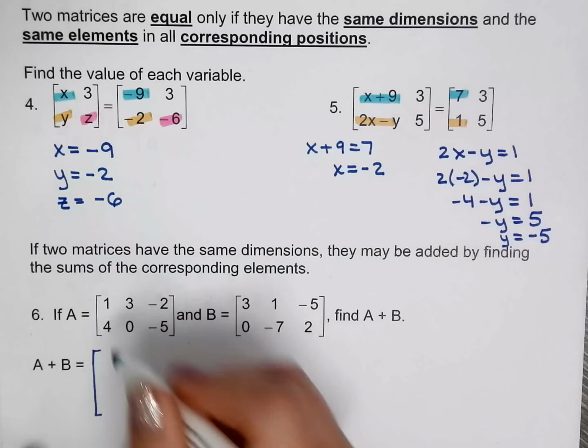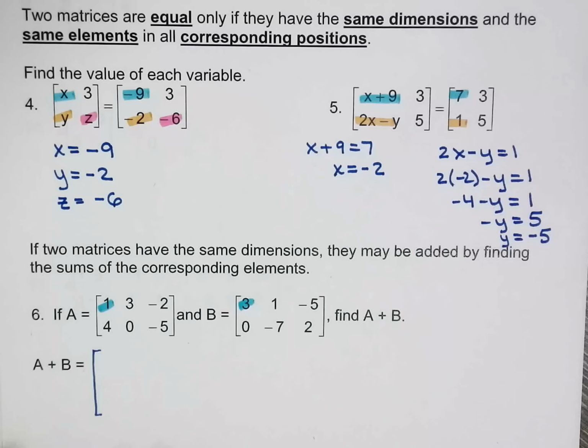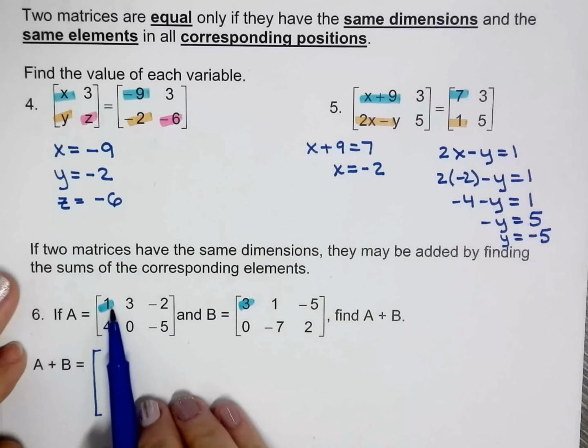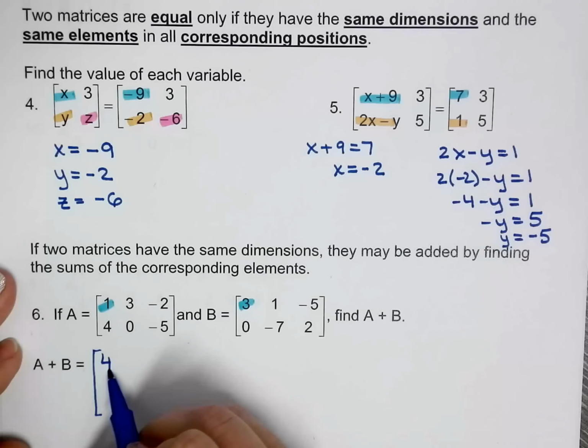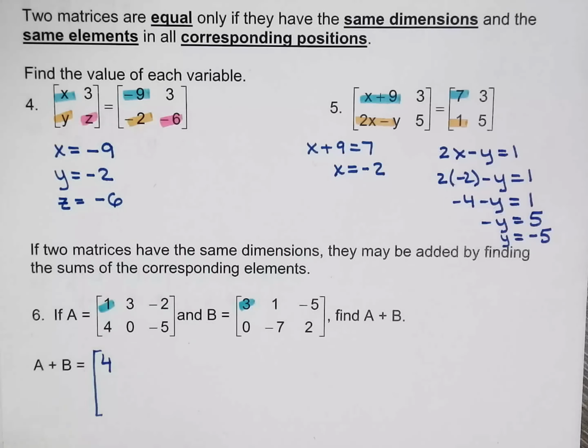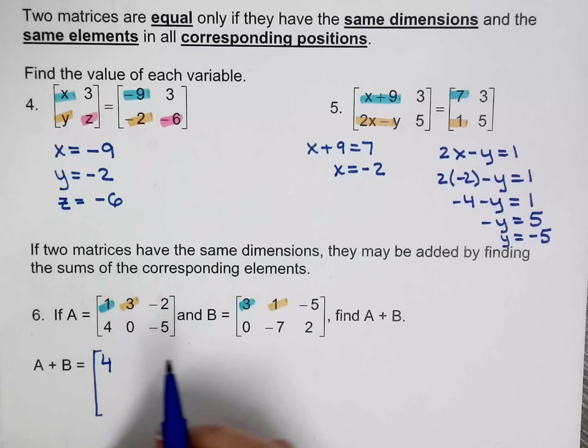Position 1, 1: 1 plus 3 is 4. Then 3 plus 1 is 4.